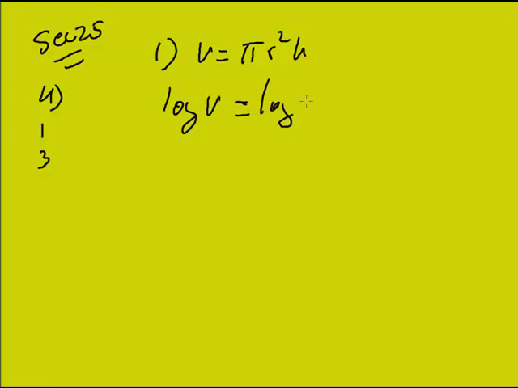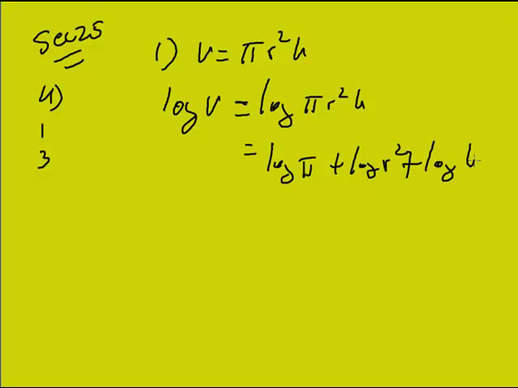So when you log the right side, you're going to get pi r squared h. Of course, this simplifies to log of pi plus log of r squared plus log of h. Well, you can simplify a little bit more. This is log of pi plus 2 log of r plus log of h, and you're done.